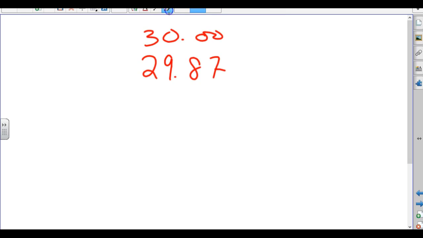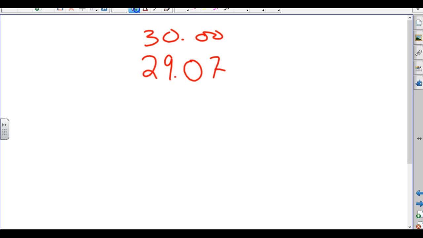So suppose I had a price of $29.87 and I paid with $30. Actually, let's do $29.07. Gives us more options. And I pay with $30, right?